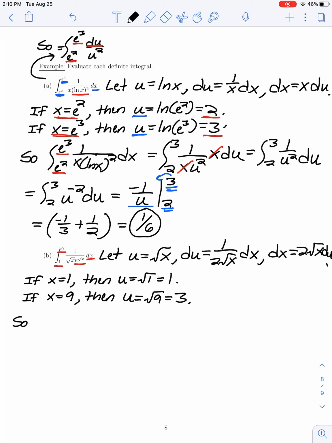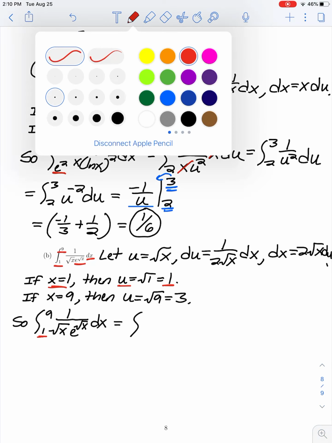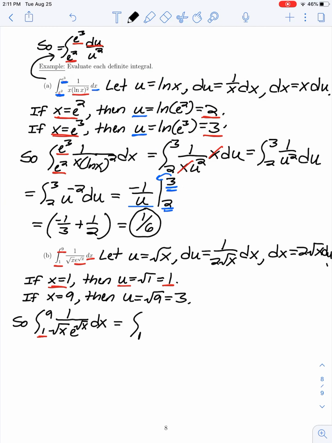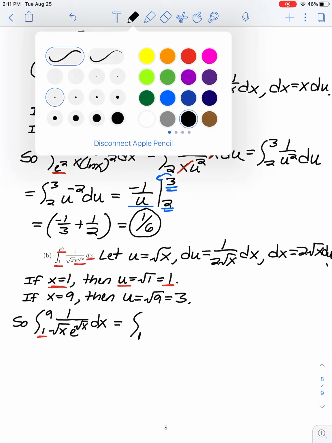So the integral that we started with, that is from 1 to 9, of 1 over root x e to the root x dx, can be rewritten as the integral from, let's look at our u values. So when x was 1, we said u was 1. So our lower limit of integration for u will be 1.